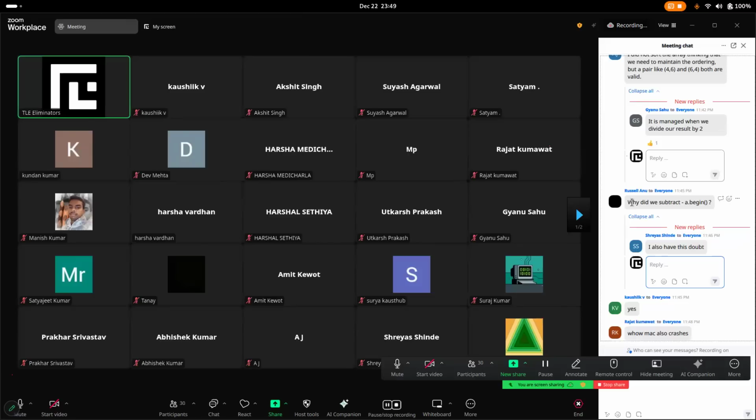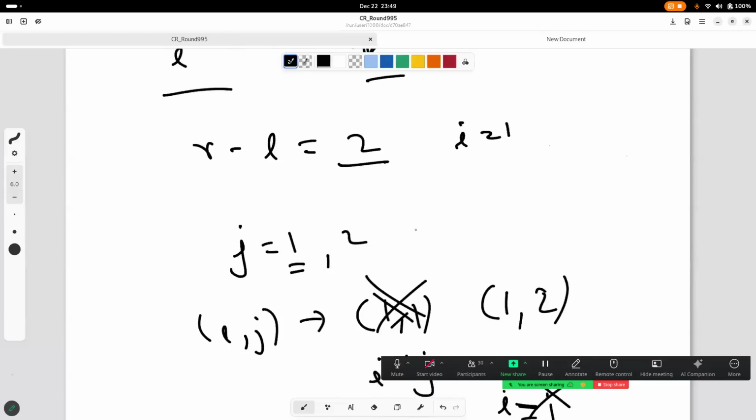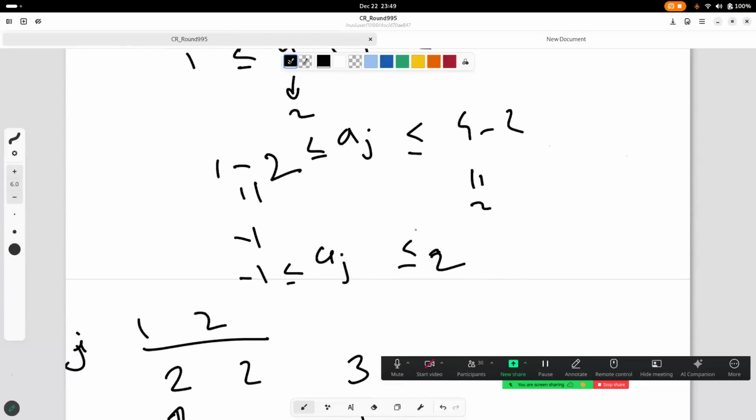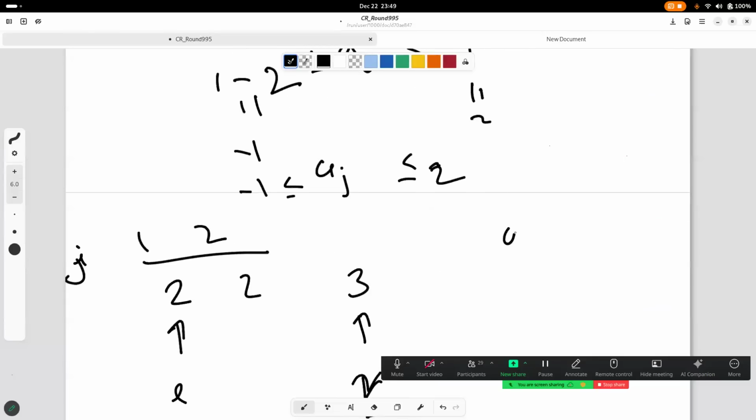It would be difficult to consider an approach other than binary search, because if you look at the crux of the problem, it boils down to counting the number of pairs a of i plus a of j that satisfy this inequality.